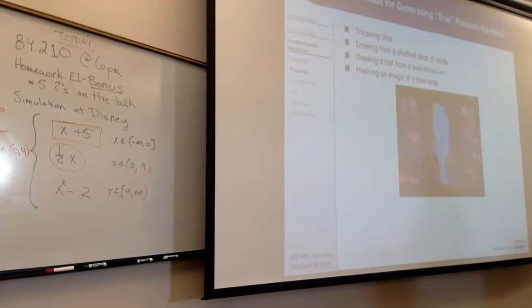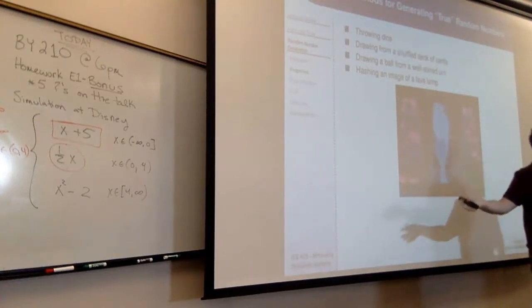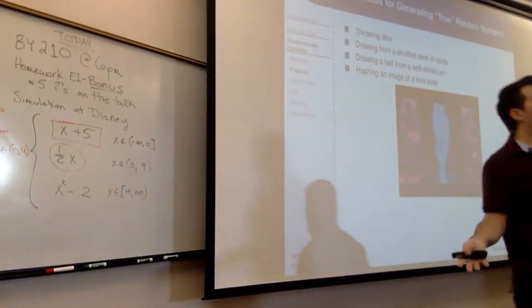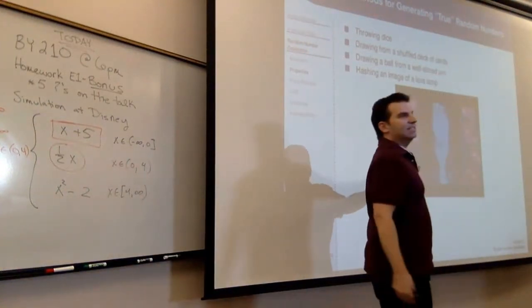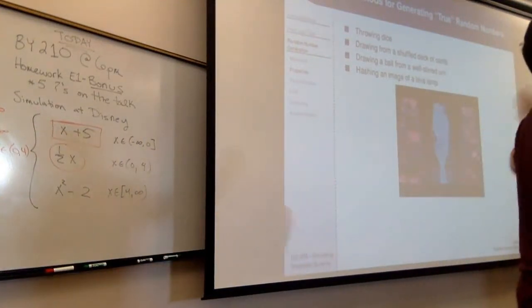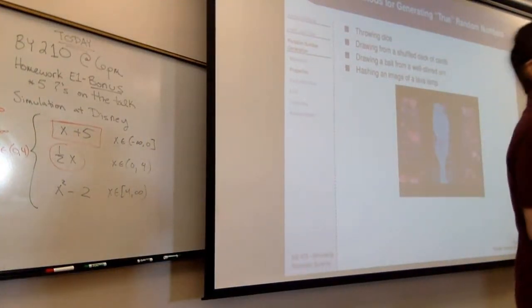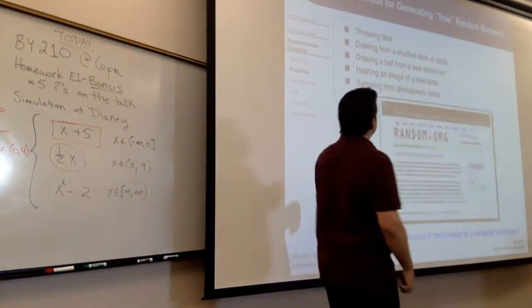That's called hashing, so hashing an image of a lava lamp. They're using the movement of the lava lamp to generate these random numbers. That might actually do a good job at uniformity, but I can't imagine this lava lamp moves that fast, so the hash at 1 second might be very similar to the hash half a second later. So not necessarily a great randomness source.